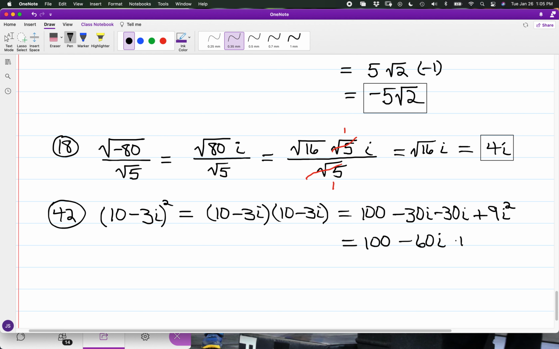And we have 100 minus 9 becomes 91, and we have minus 60i. So that is going to be the a plus bi format, where a is 91 and bi we have at minus 60i.